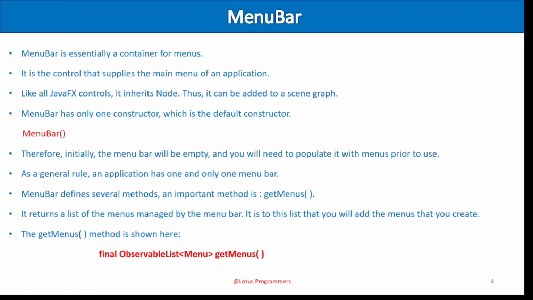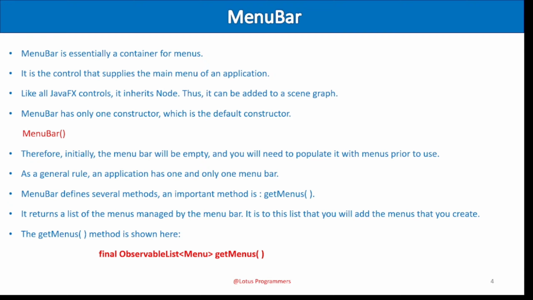This MenuBar class is inherited from the Node class. Actually, the menu bar acts as a layout which doesn't have any visible representation for the JavaFX application. In order to add menus to the menu bar, we have to retrieve the observable list of the menu bar.